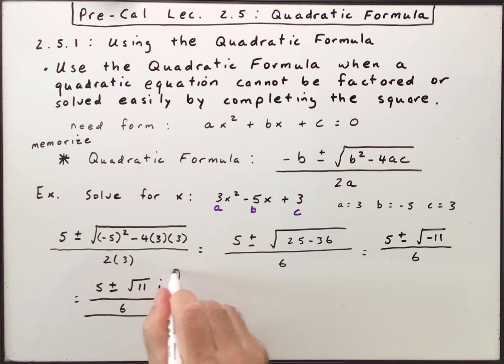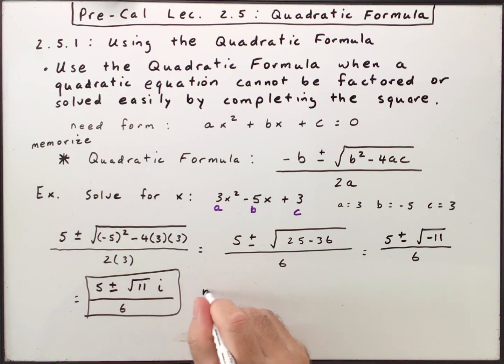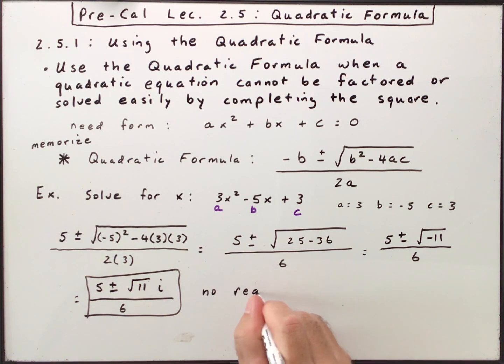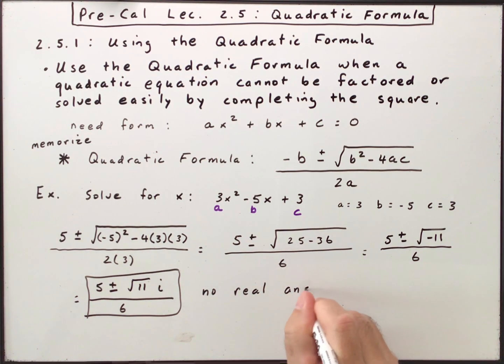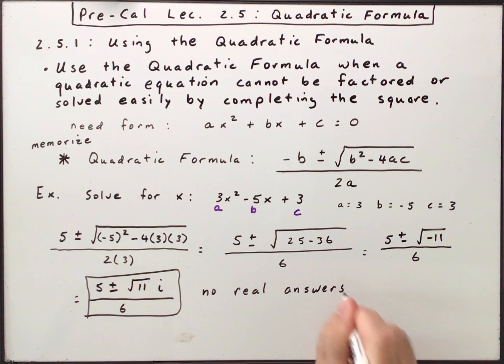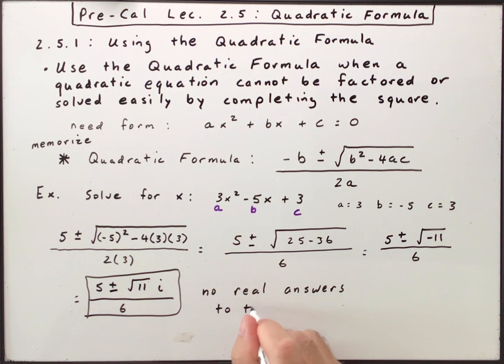So that's the answer. There are no real answers to this problem. So rare that we pull out as our first example a kind of crazy problem, but that's what we did this time.